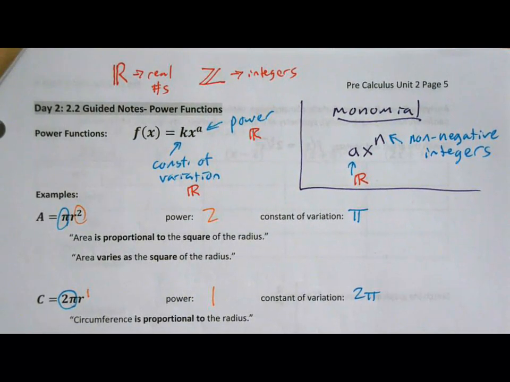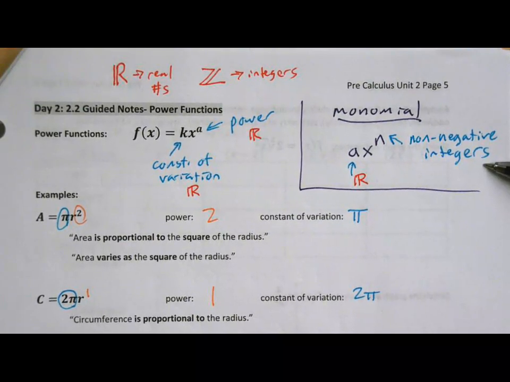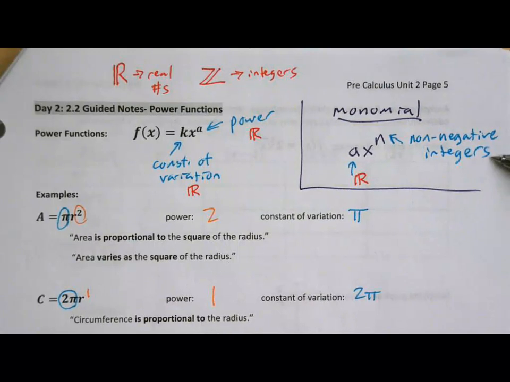Is that the same as positive integers? There's one number that's not negative and it's not positive: 0. So is 0 allowed for a monomial? Yes. 0 is not negative and it's an integer. So 0 is allowed. But -2, no. 5/3, no.